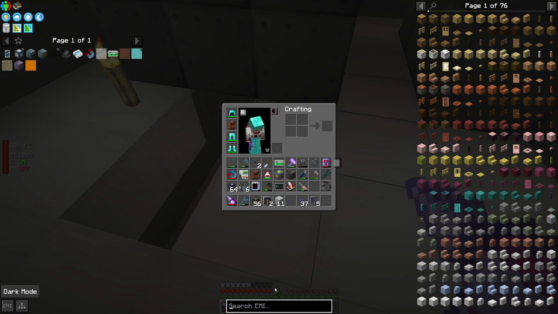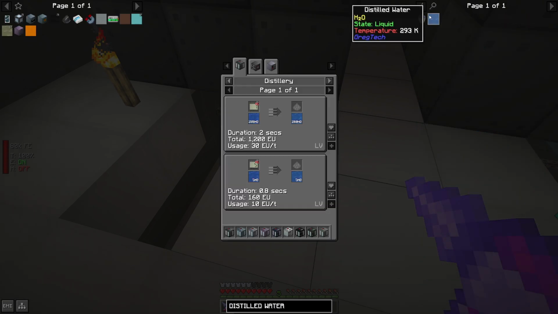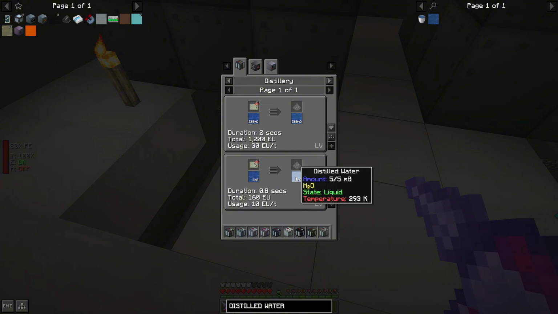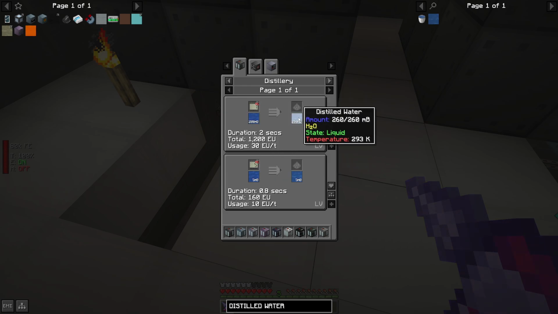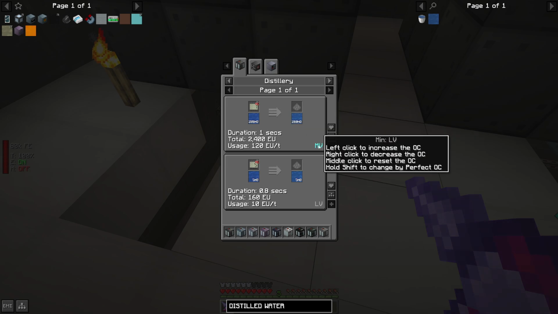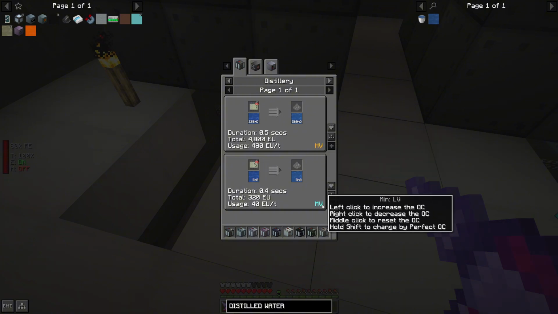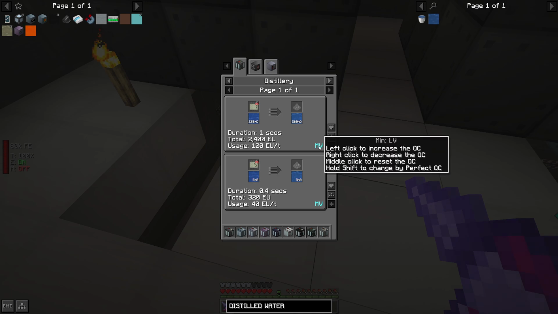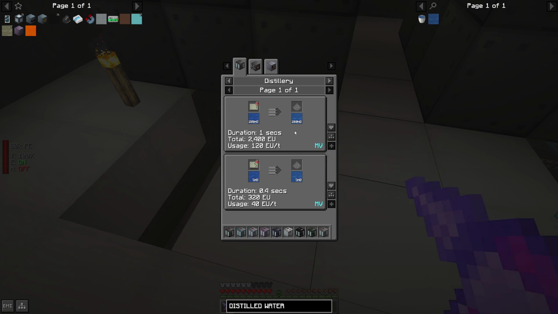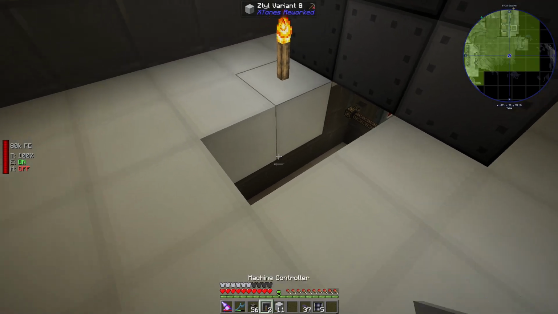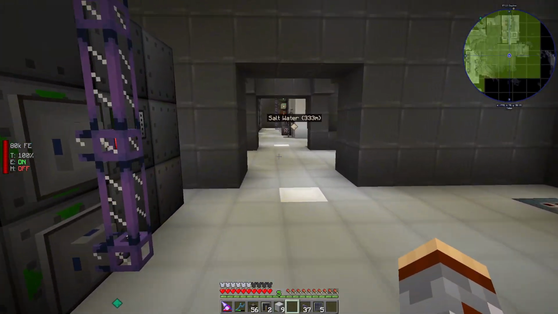So for distilled water, distilled water, what is the difference here? Circuit. I mean, I guess it makes more. I mean, honestly, why not just do this? Okay, so let's go, and I'm gonna need to get 2 distillers.